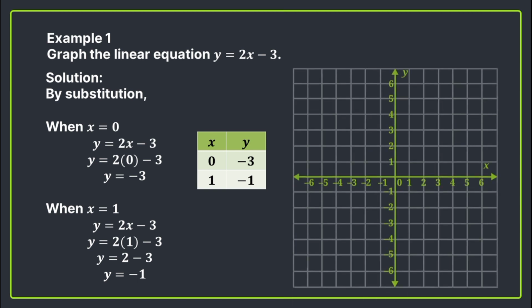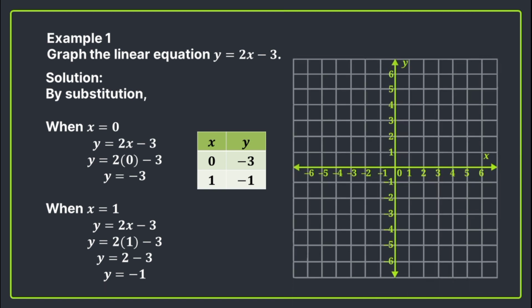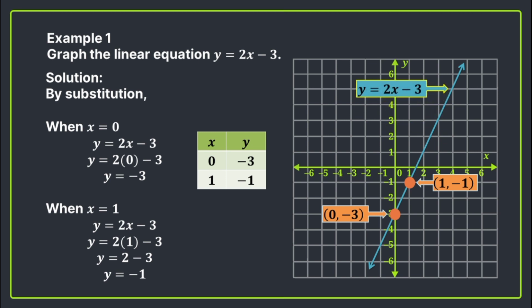Let us proceed to plot the points (0, -3) and (1, -1). The first point is located here, and the second point is here. Since we have now the points, we can draw a line through them. Therefore, this is the graph of the linear equation y = 2x - 3.